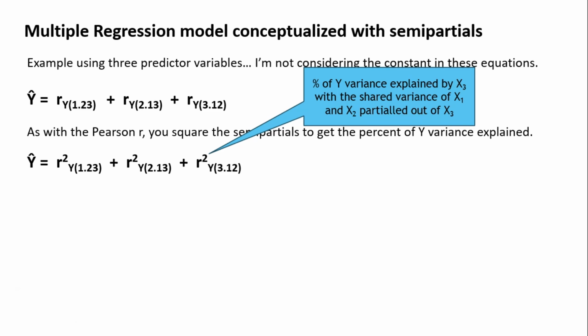So what that does is it gives you, for each of the 3 variables that you have in your equation, the unique contribution of each variable without the influence of any of the other variables, okay? It gives you the unique contribution of each variable to explaining some of the Y variability, because that's what you want.